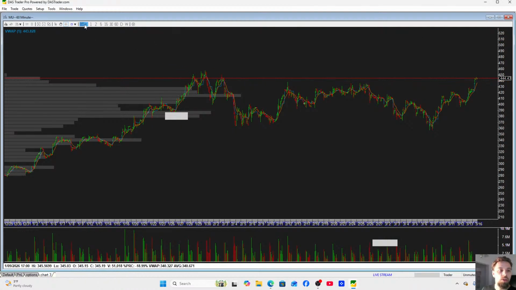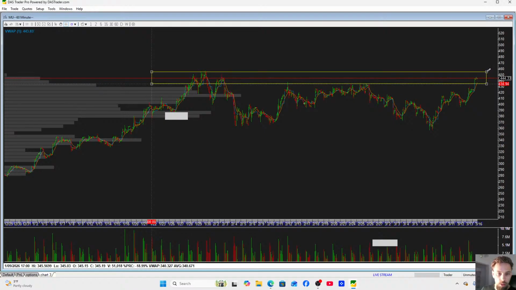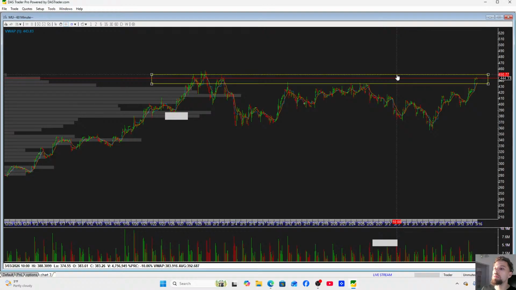Area of support that I'm drawing, just drawing this box first. Got a lot of touch points all up in here, so I think a good area of support for this guy would be around 434. 435 is good for me. We have that all-time high. There's a couple touch points right here as well. Might show some resistance here, so 450.